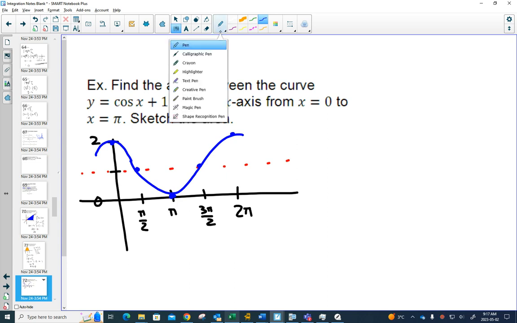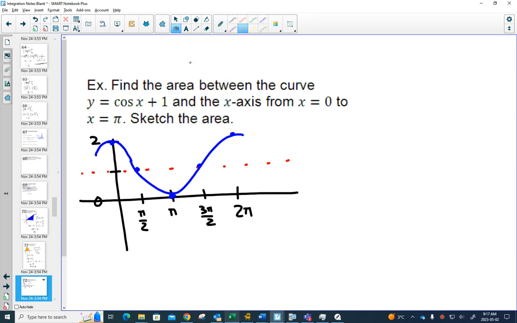And we are asked to find the area between 0 and pi, which is just this part right here. So we're going from 0 to pi of cos x plus 1 dx.